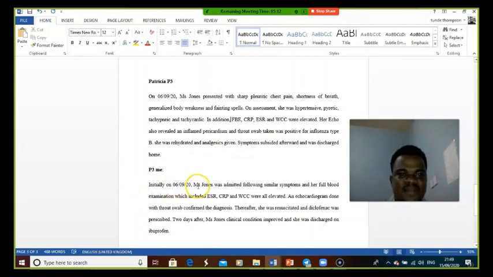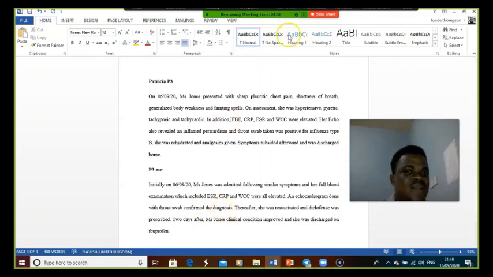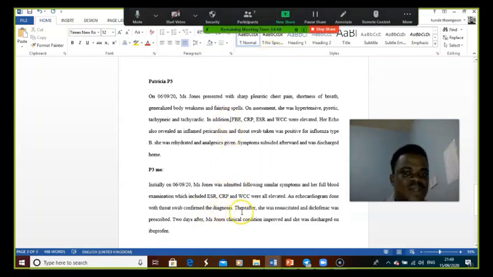Now look at how I wrote mine. I said initially on this date, Miss Jones was admitted following similar symptoms, and her full blood examination, which included ESR, CRP, and WCC, were all elevated, and an echocardiogram done with throat swab confirmed the diagnosis, referring to the diagnosis that I already established in the introduction.